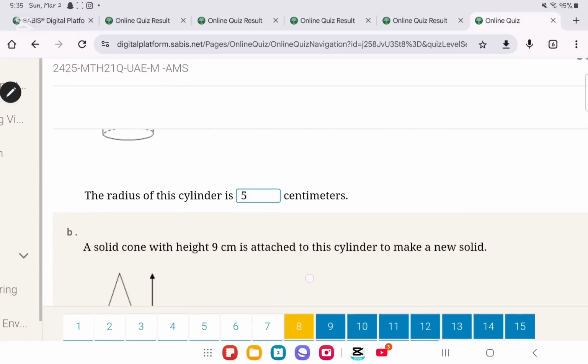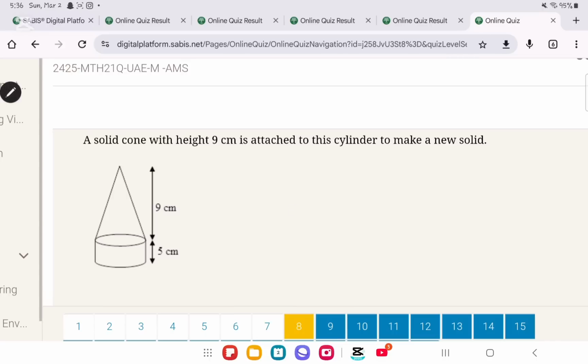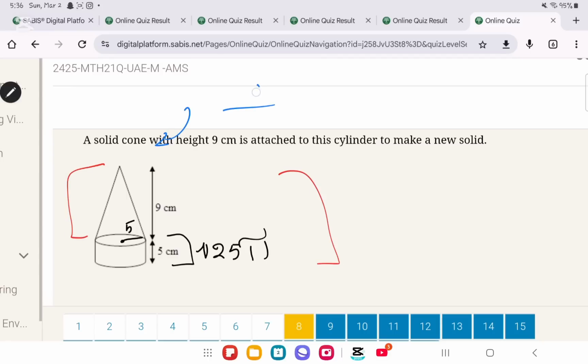Now, we have the volume of what? We have the volume of the solid cylinder, which is given down. We know it is 125 pi. So because they are on top of each other, we know that the radius is going to be the same. So this is also 5 centimeter radius. So to find the volume of the cone, it's going to be very easy. And to find the total volume, you just add the two volumes together. So the volume of any cone is 1 over 3 pi r squared h.